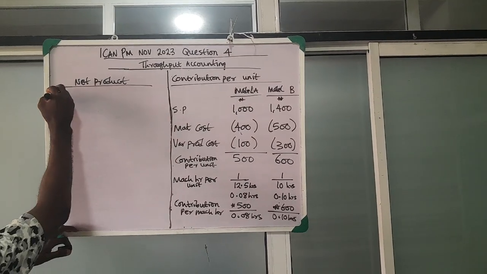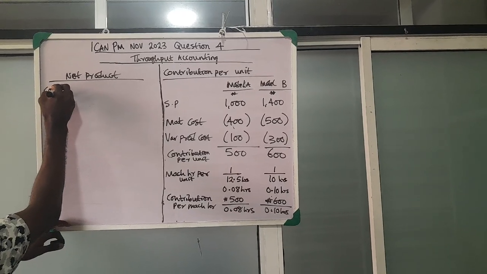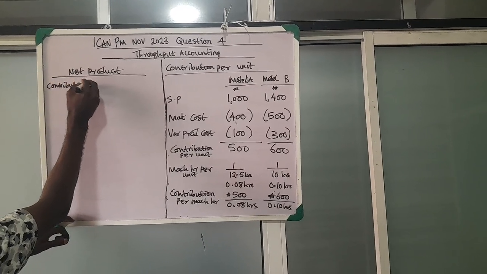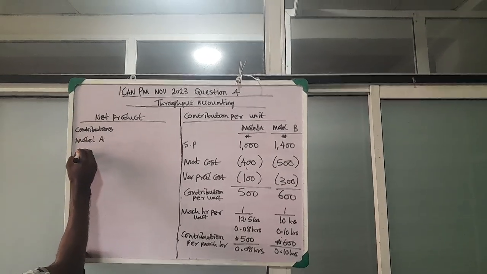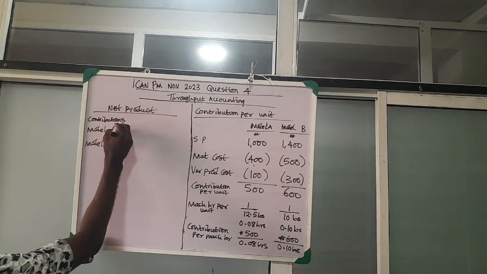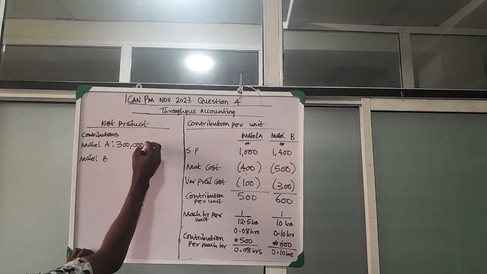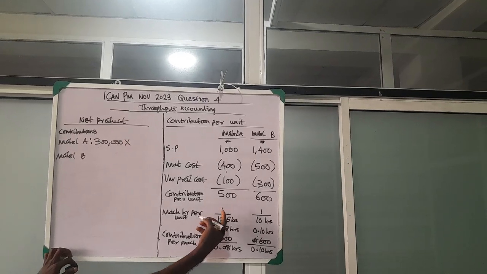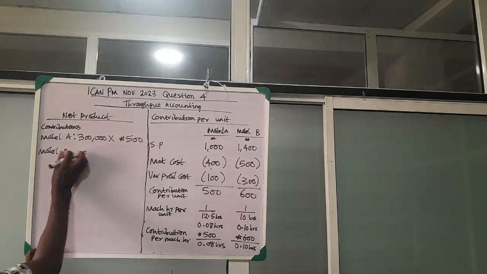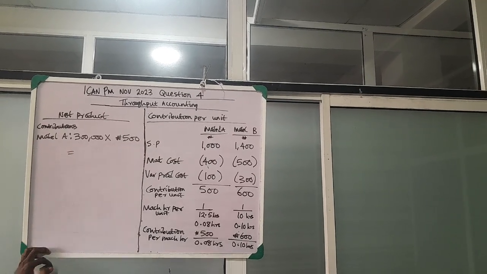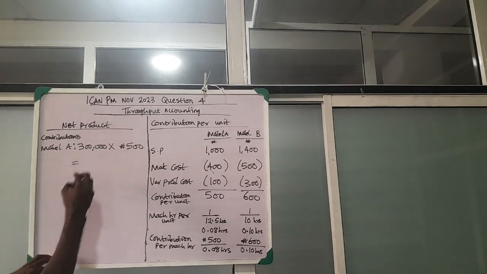For model A, we are producing 300,000 units. 300,000 units times the contribution per unit for model A, which is 500, will give us 150,000.